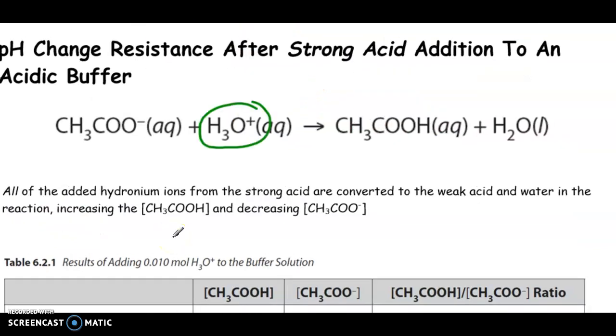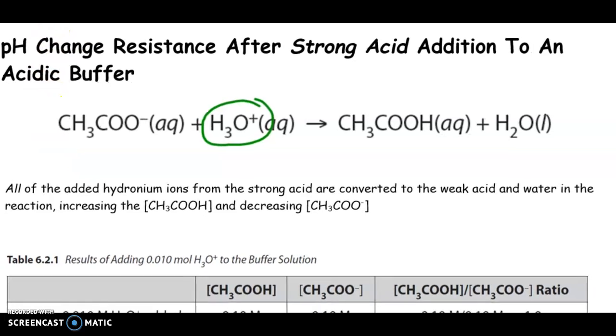All right, so let's start taking a look at what happens to the pH once we have a strong acid or strong base added to our buffer solution. So when we have our buffer, originally it was written like this, just to remind you.